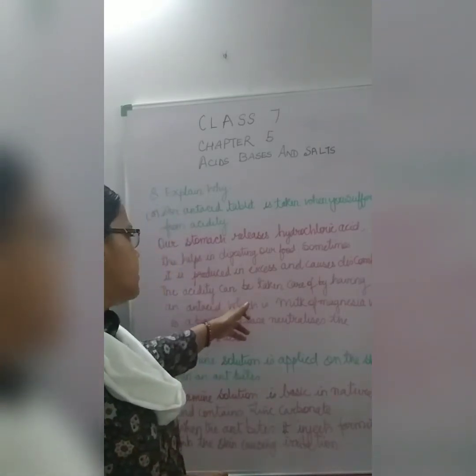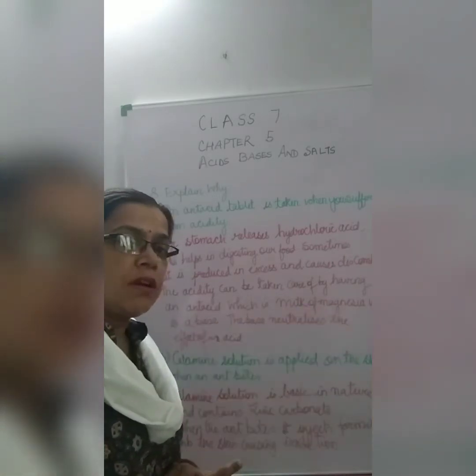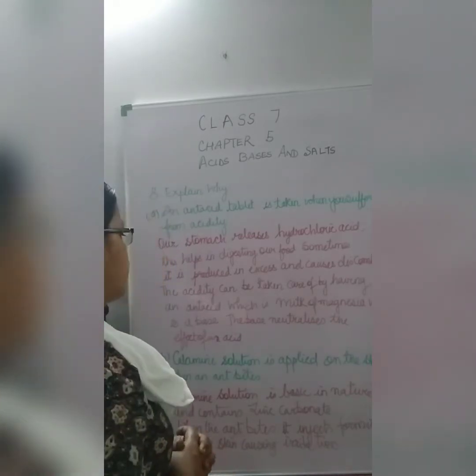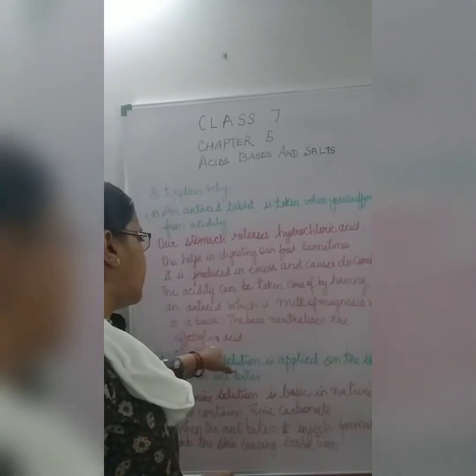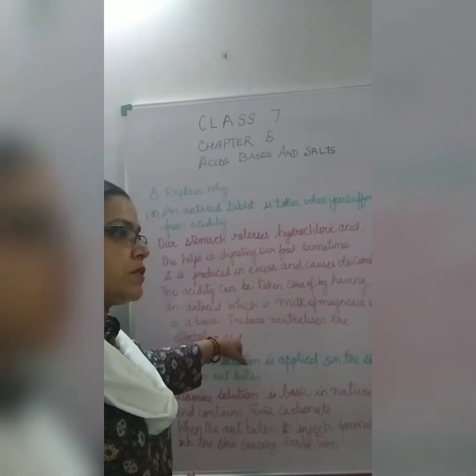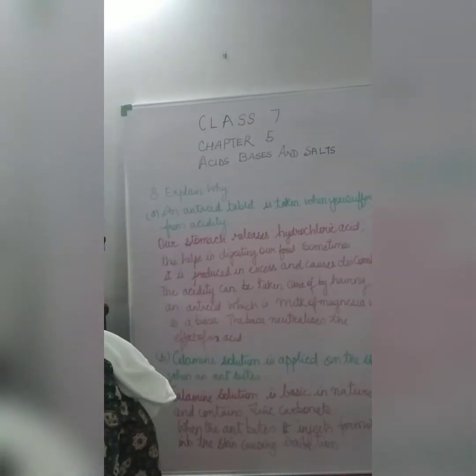Antacid is a base, and that base is milk of magnesia, which you know consists of magnesium hydroxide. This base neutralizes the effect of this acid, that is hydrochloric acid, and that is why we feel relieved after having this antacid.